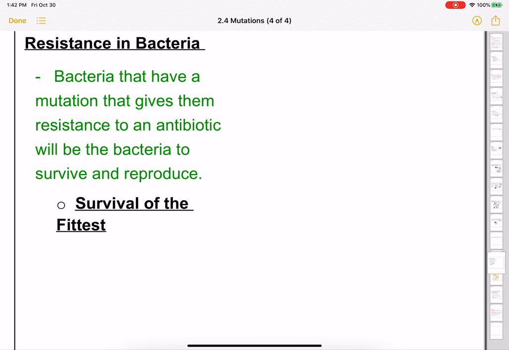So then the bacteria will get stronger, and the next time you give them that antibiotic, they're going to be even stronger because you've produced bacteria that already know what an antibiotic is, and it's going to be harder to kill off. So that's an example of survival of the fittest.